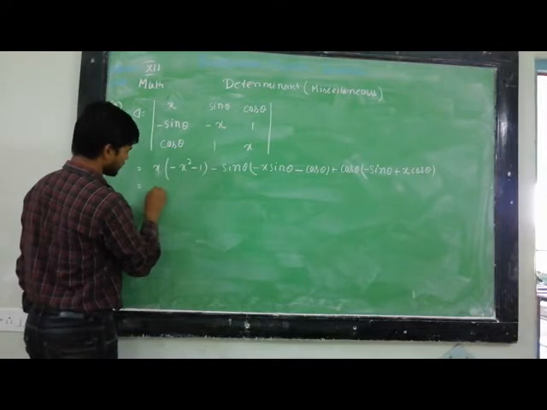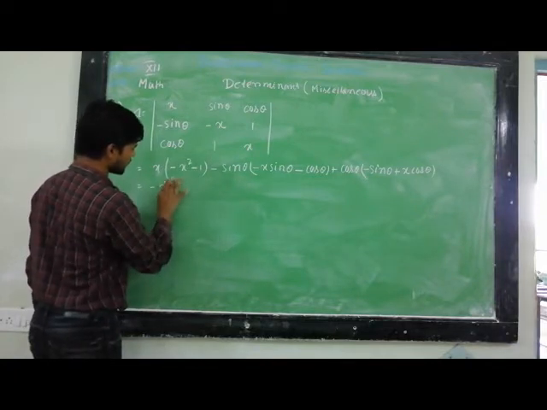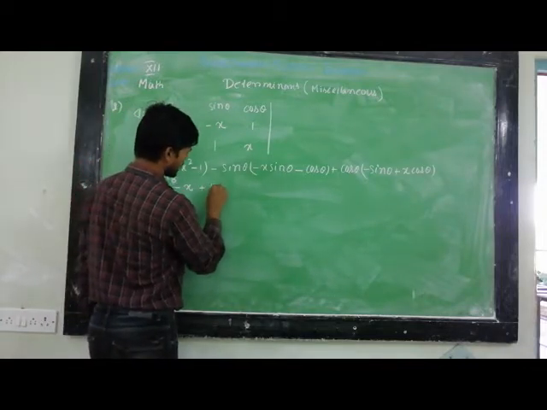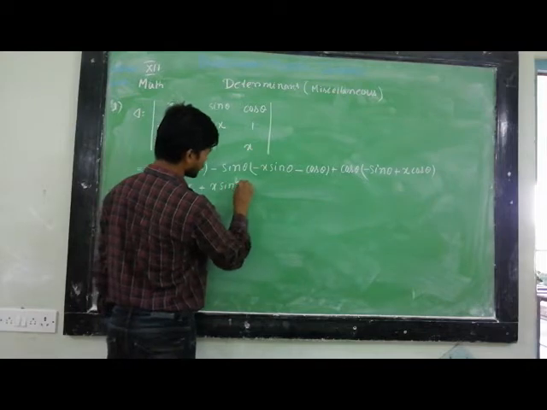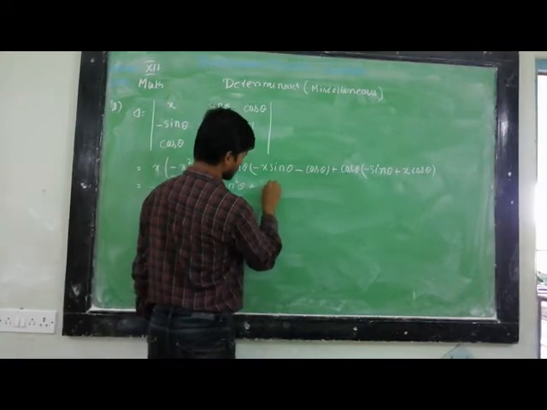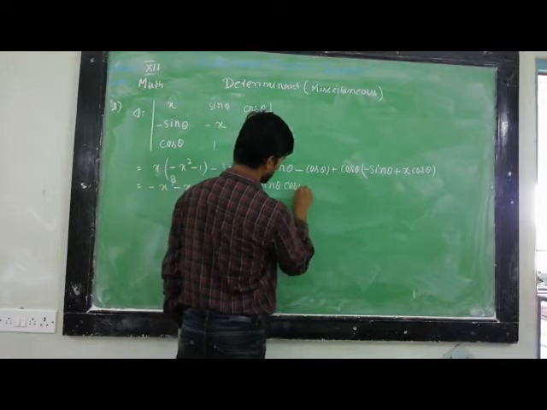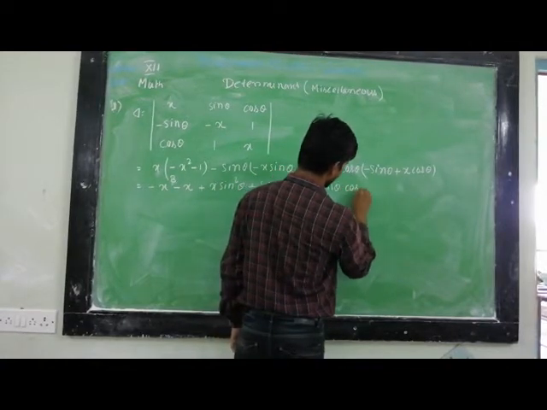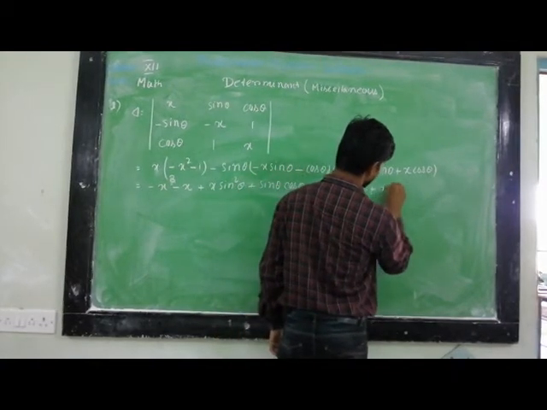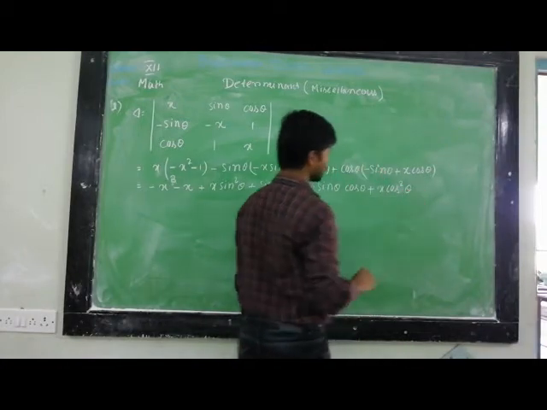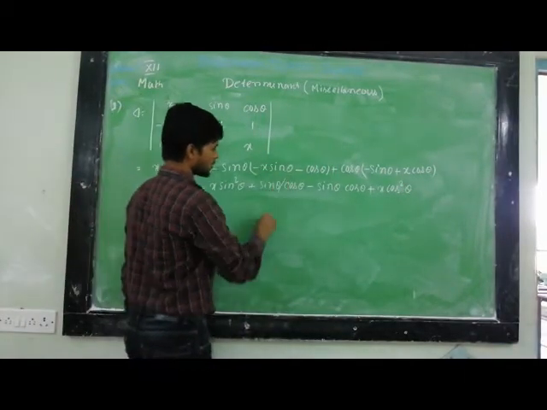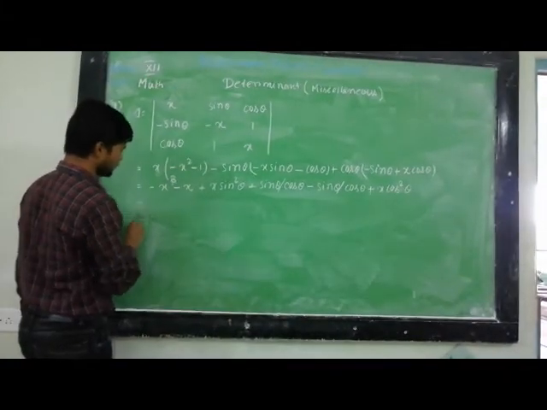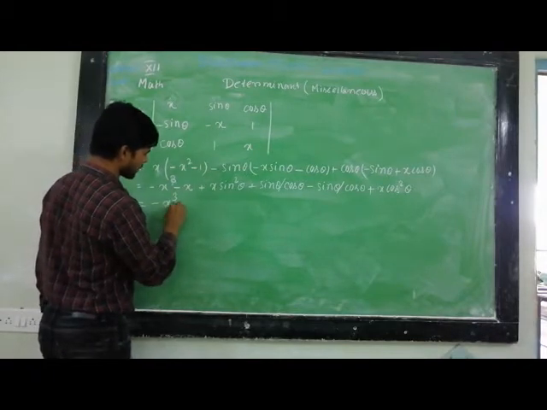That implies minus x cube minus x plus x sin square theta plus sin theta cos theta minus sin theta cos theta plus x cos square theta. So plus sin theta cos theta and minus sin theta cos theta will cancel each other. That means minus x cube minus x.